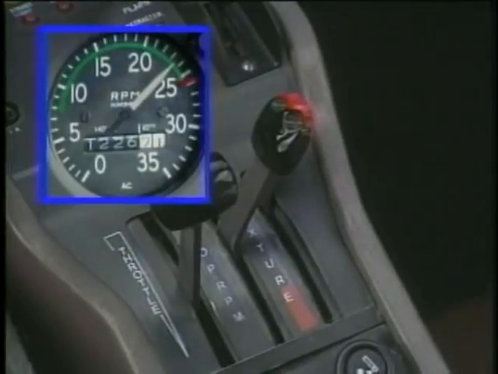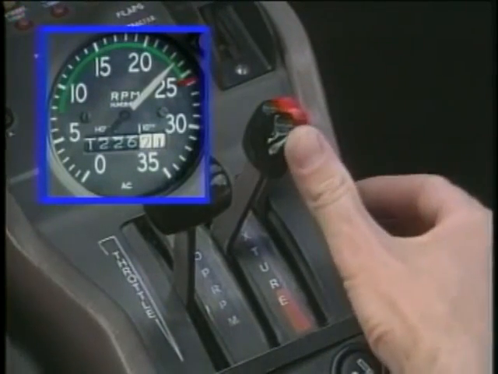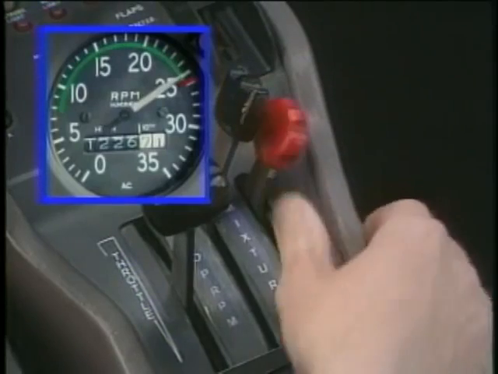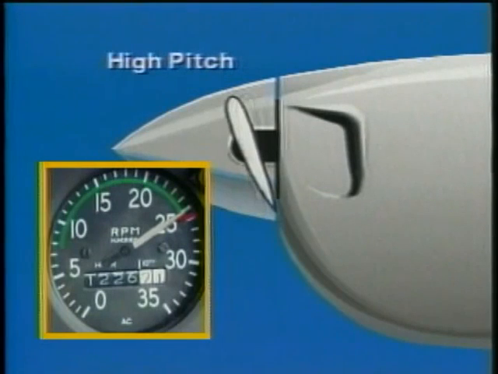The prop control is used to set the propeller RPM by changing the pitch of the propeller. When the prop control is full forward, the propeller blades are at their lowest pitch angle and produce the highest RPM. When the prop control is pulled aft, the propeller blades move to a higher pitch, resulting in a lower RPM.